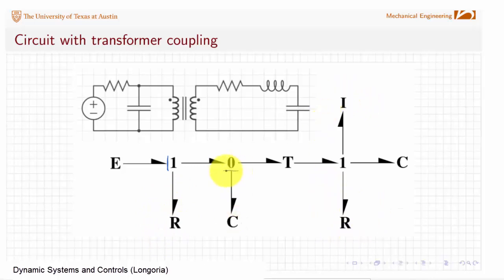Let's go ahead and apply effort at that zero junction, which gives flow into that C, and that's independent. Now effort comes out of the zero, right? And at this one junction, two efforts means this R specifies the flow at that one. And I'm done there, done there. Effort across that T puts an effort at that one junction. So now I can apply integral causality on both of these elements, and I've got another third order system.